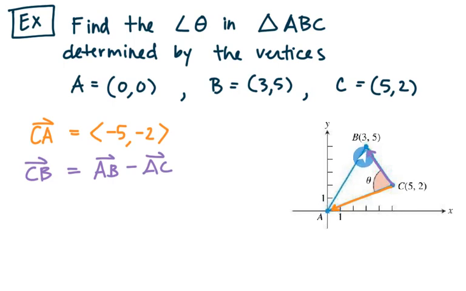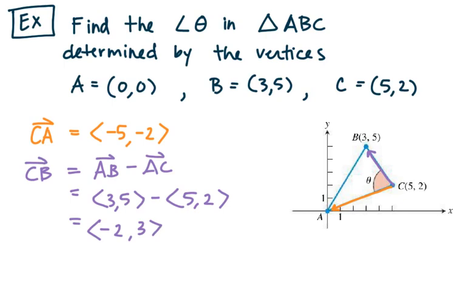So A to B, and we know that that's the first one because this is where my difference originates. A to B is 3, 5 minus AC, from A to C, is 5, 2. So that gives me 3 minus 5 is -2, 5 minus 2 is 3.